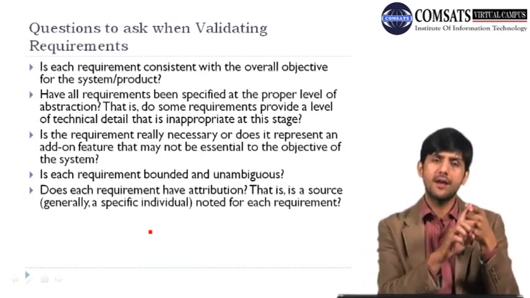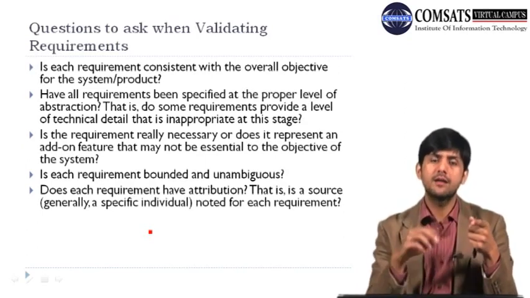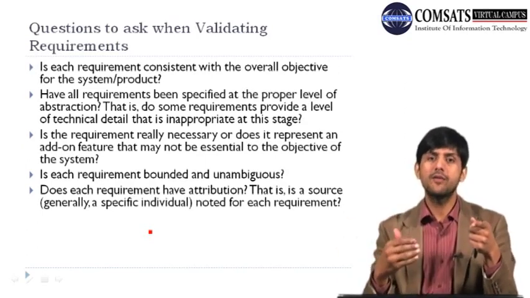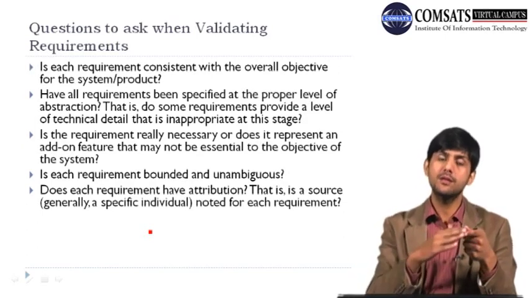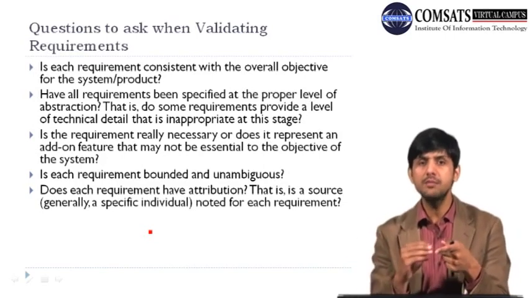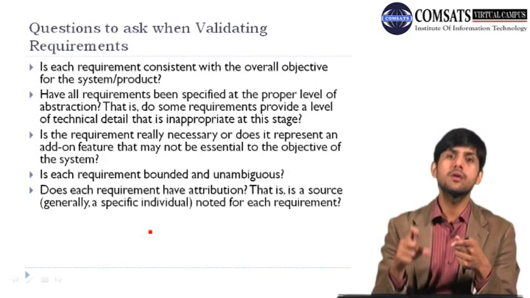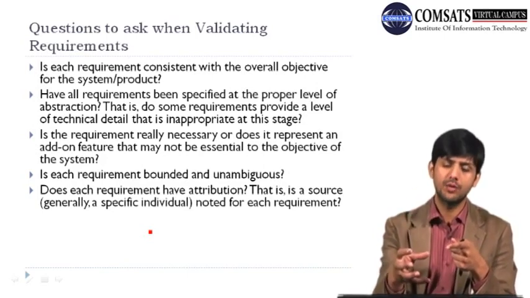We were trying to record the identifier, the requirement name and the requirement text. Then we were trying to identify the rationale, the risks associated with each requirement, and the dependencies of each requirement. And we were also recording who is the requester of this requirement, who asked for this particular feature.